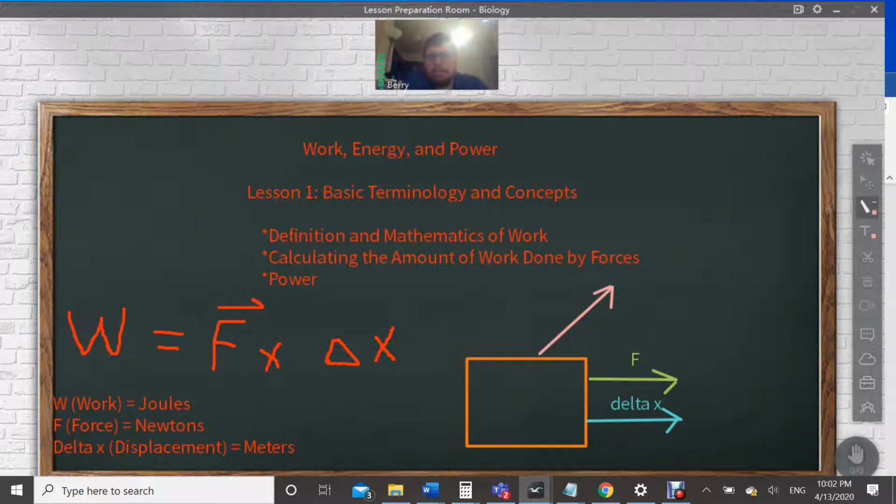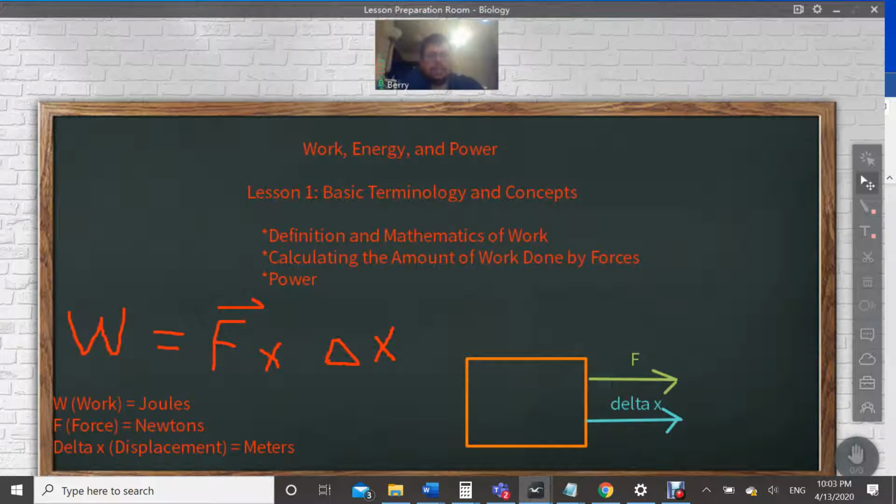Well, if we remember back from vectors, we need to know the angle. Now, if we take a look at our green and our blue, what we know is that the force is completely in the direction of the displacement. So what we need to show is that whenever the angle is 0, the work is going to be at a maximum.